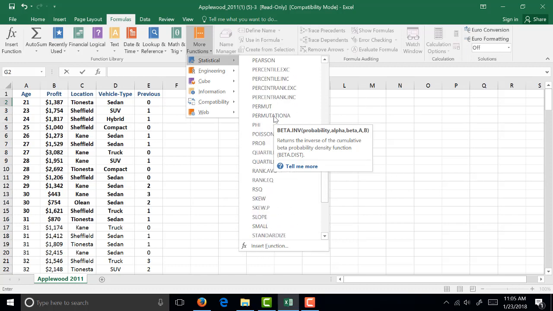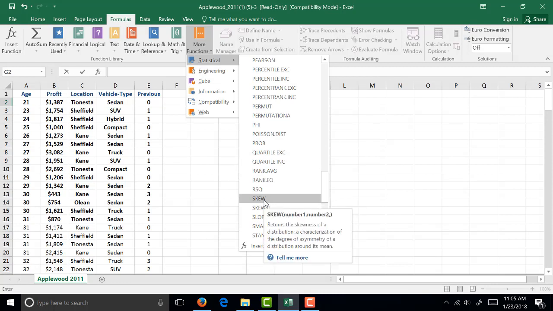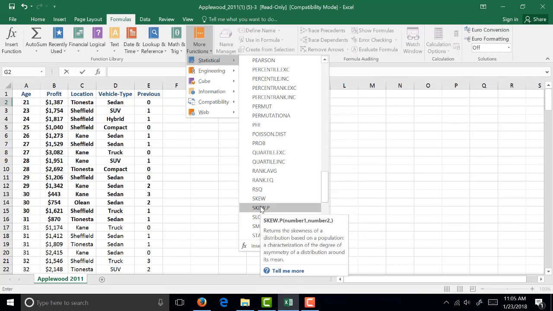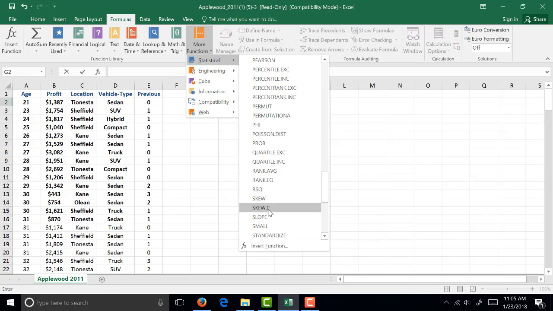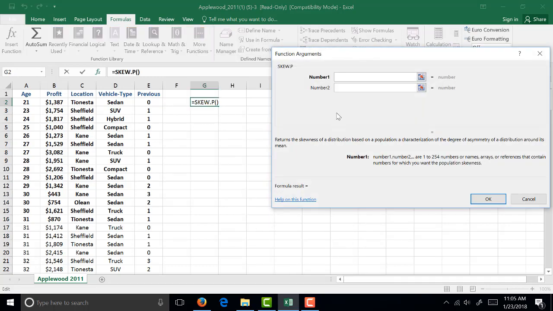Once again, we have skewedness of a sample and skewedness of a population. We'll consider this a population because I want to run the sample version slightly differently. So, skewedness of a population.